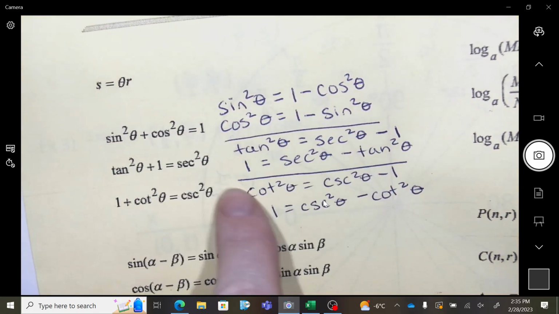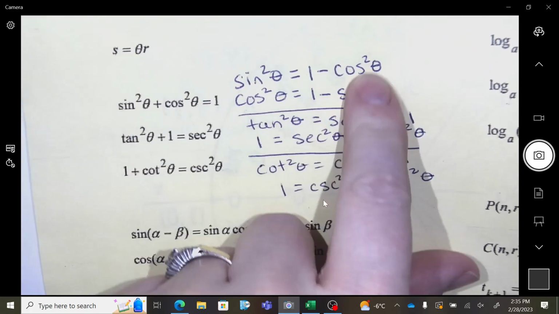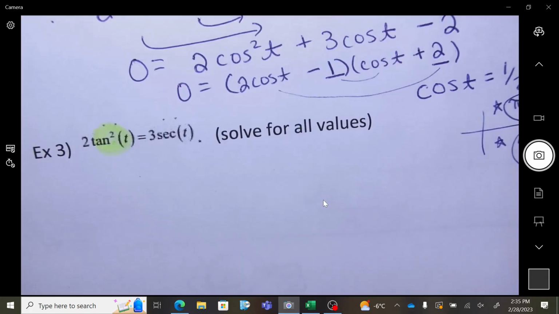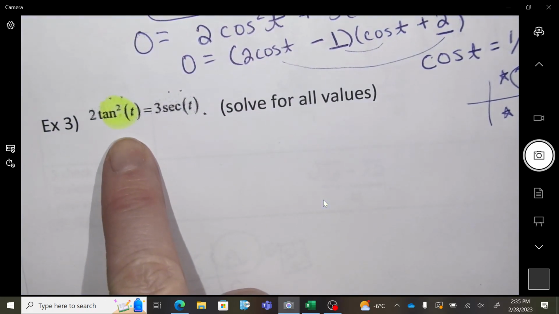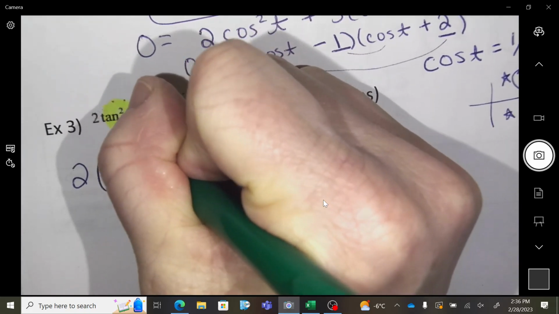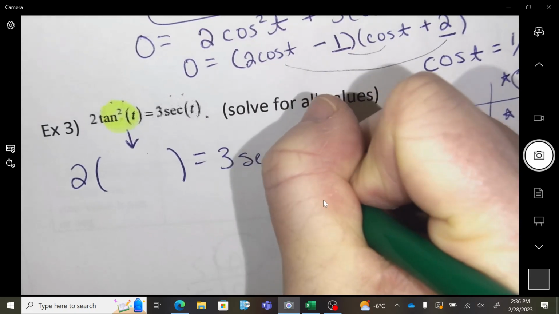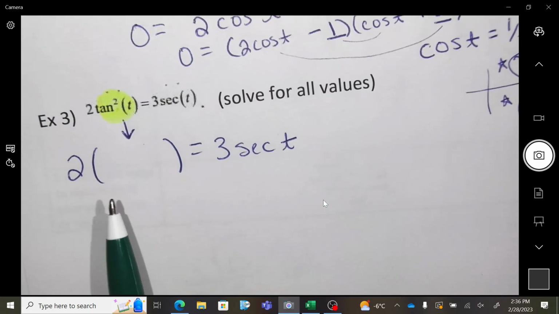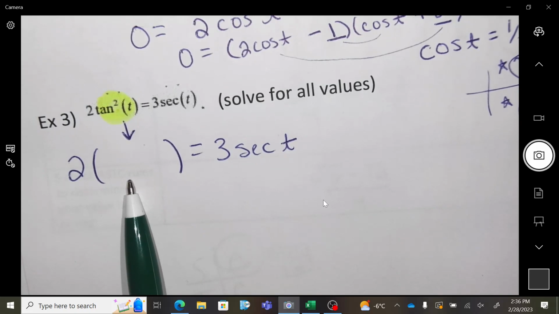Look at all this. This is all squared stuff. They always have replacements, the squared parts. So tan squared. Okay, figure out what to replace tan squared with from your sheet.